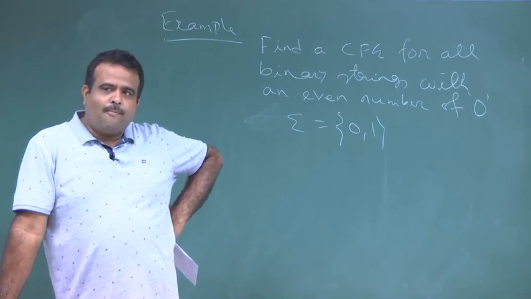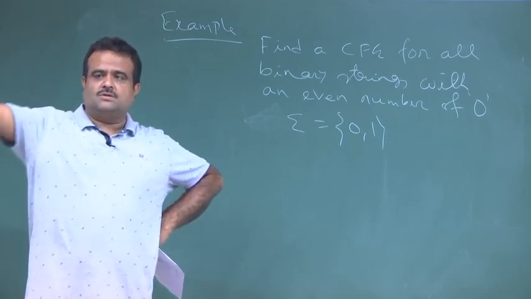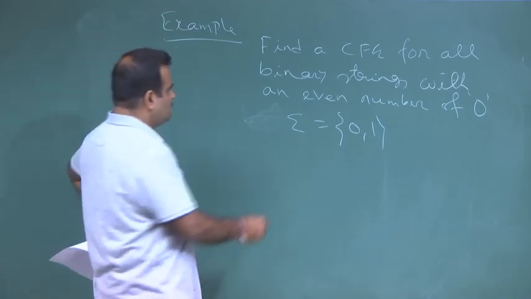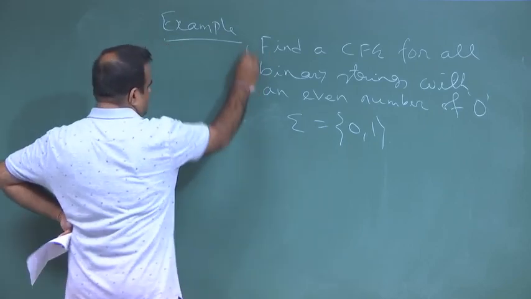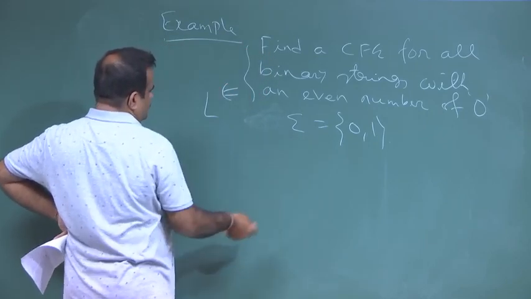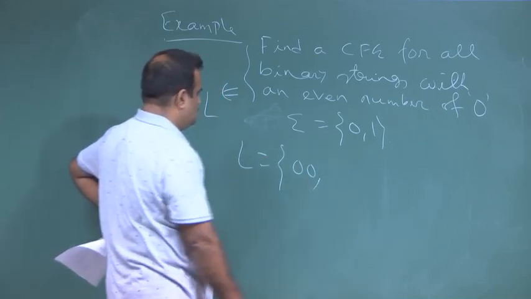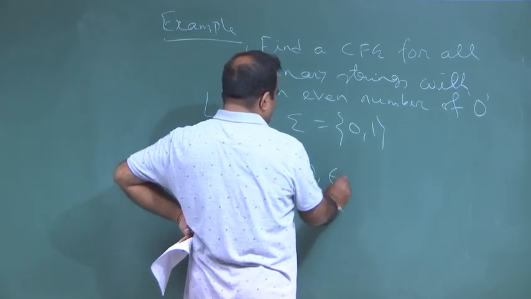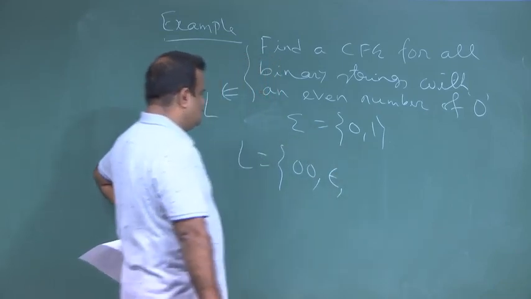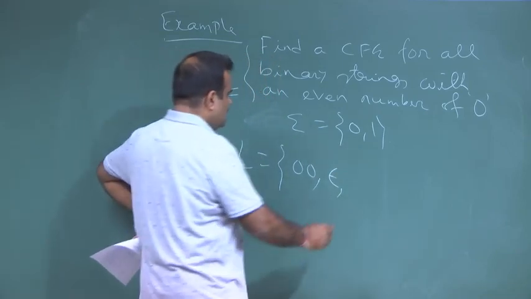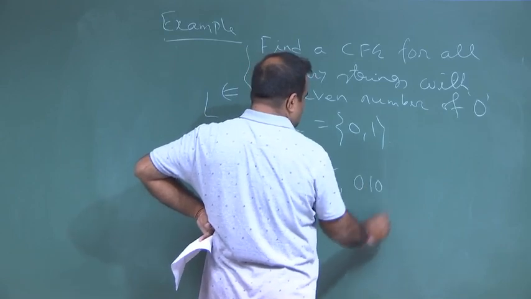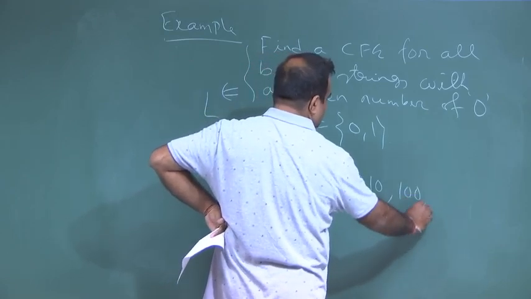We take a string and count the number of zeros, and the number of zeros must be even. For example, L consists of epsilon, which has no zeros, 0 zeros, then 0 0, then 0 1 0 1 0 0, like this.